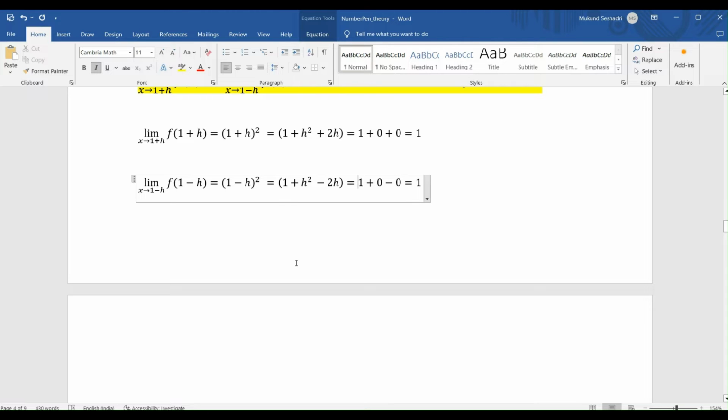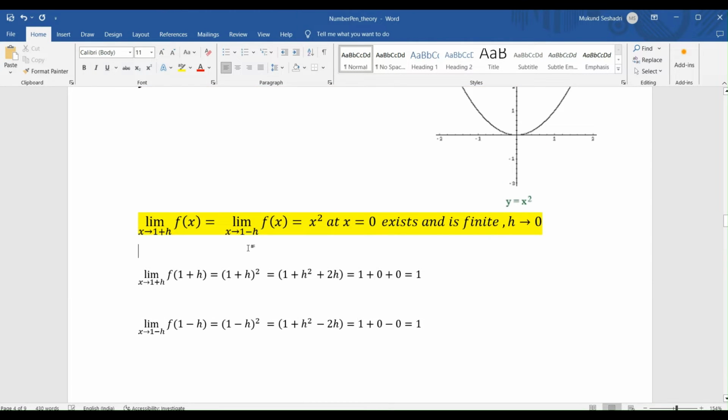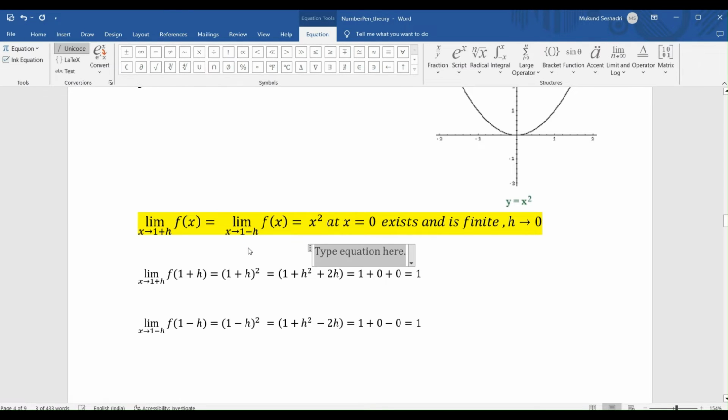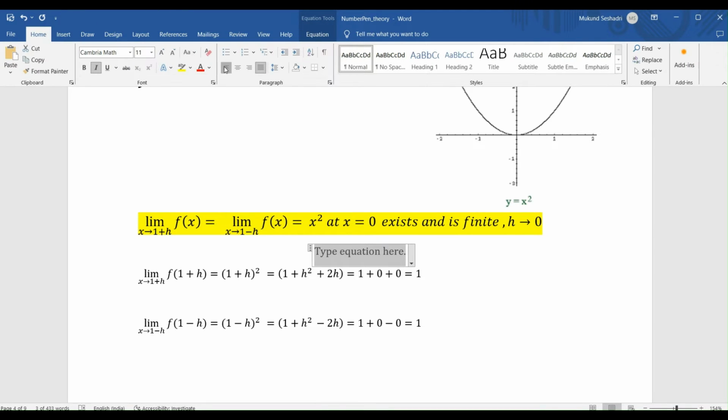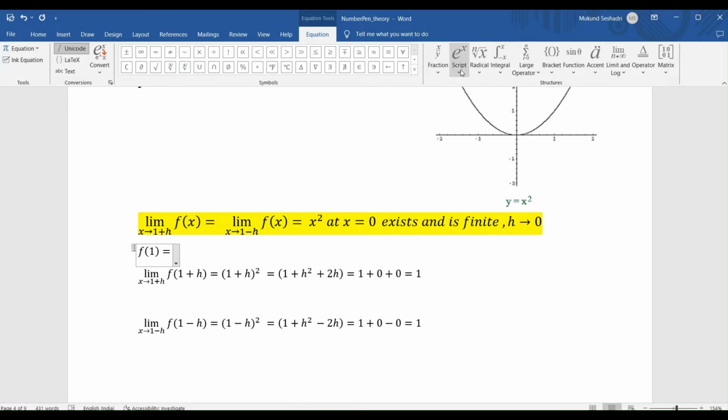And then I also go back here and write my f of 1, I'm sorry, which is my square, which is 1 square, which is nothing but equals 1.